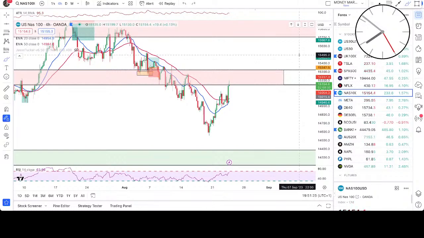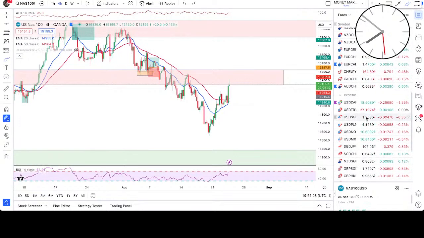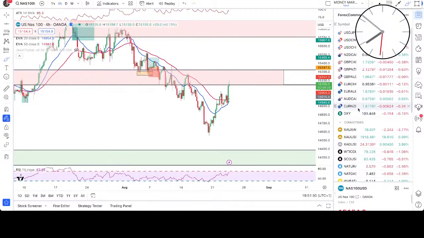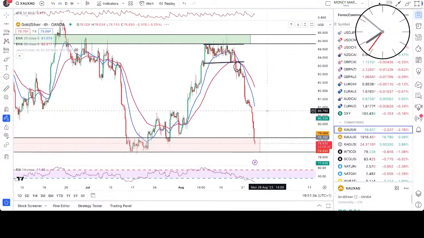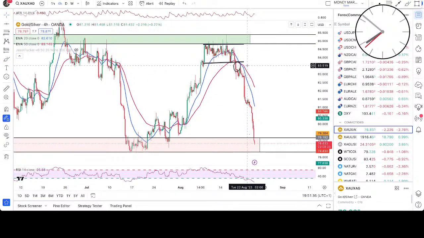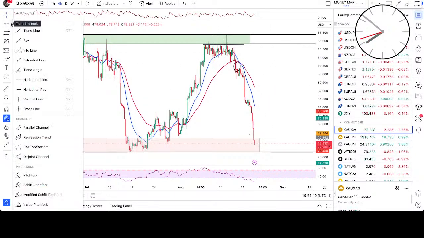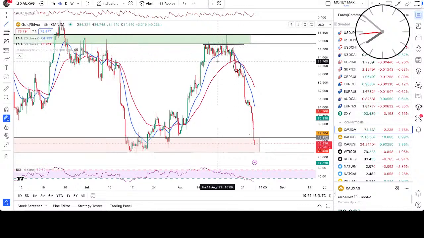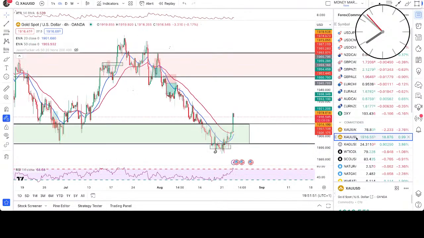For gold and silver, Raki, I also look at the dollar index, and I'm also looking at the ratio right here. This is going on really nicely with the gold and silver analysis, because when the price was here in an uptrend, gold and silver was in a downtrend.